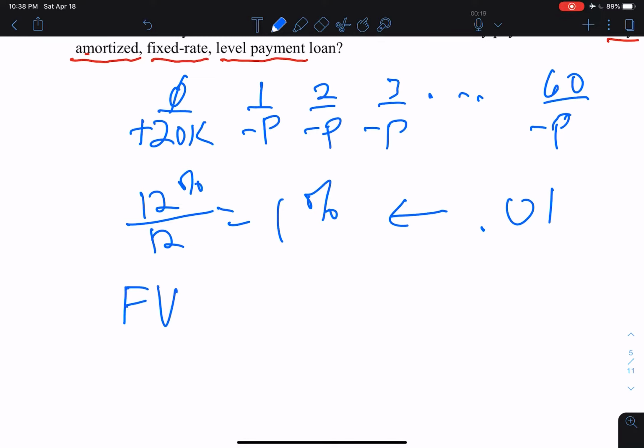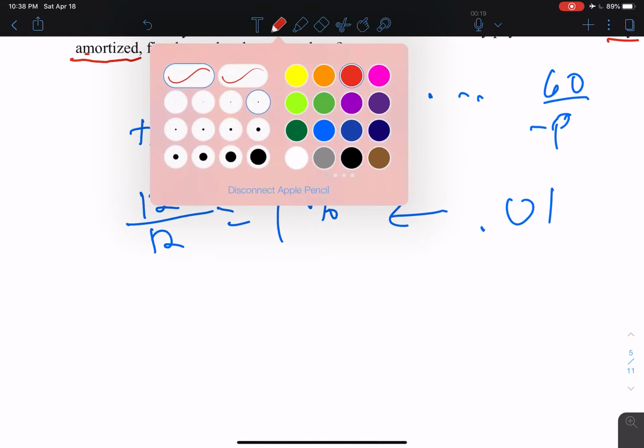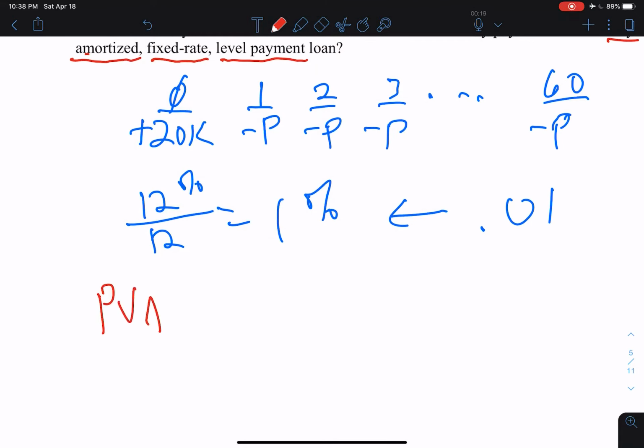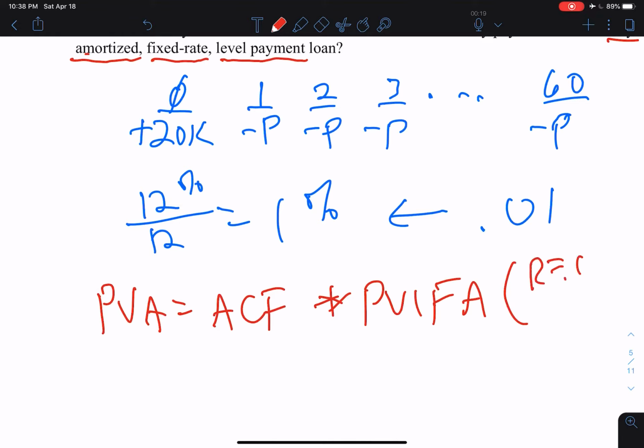Now, we're going to use application formula number 4, which says present value of an annuity equals annuity cash flow times present value interest factor for an annuity. In this case, our R value is 0.01 as explained, and our N value is 60.